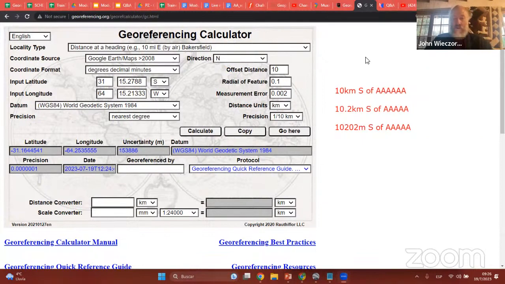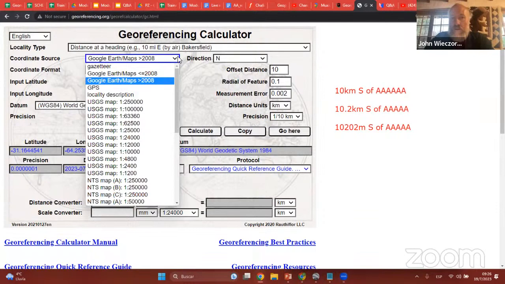And there was another question from Pascal asking if we could talk again about the source measurement error. Okay, so I need to interpret what you're saying because there are two possibilities for that question. We have the coordinate source, you can see in the calculator, Google Earth and maps greater than 2008 is what's selected right now. That has uncertainties associated with it.